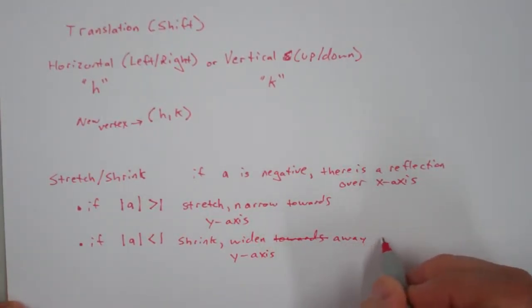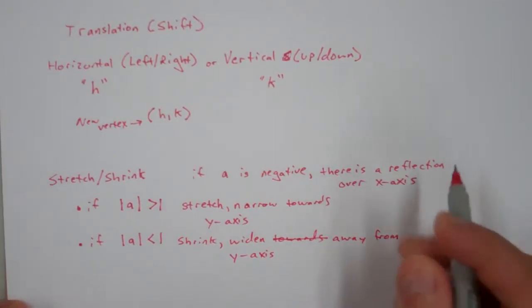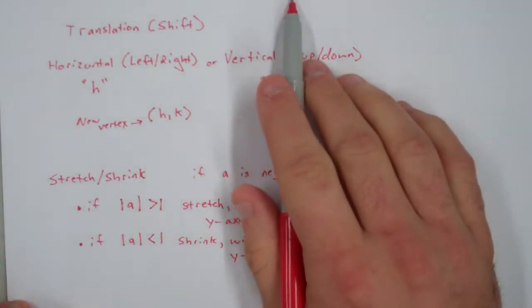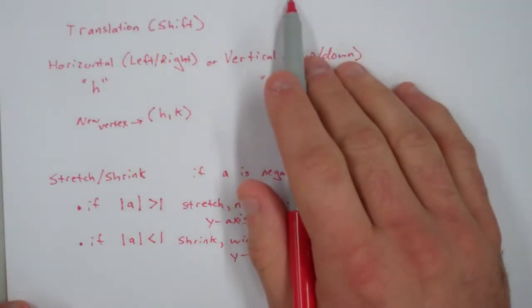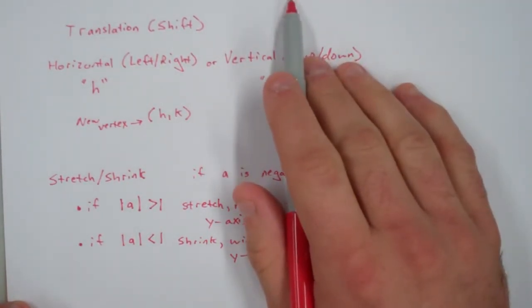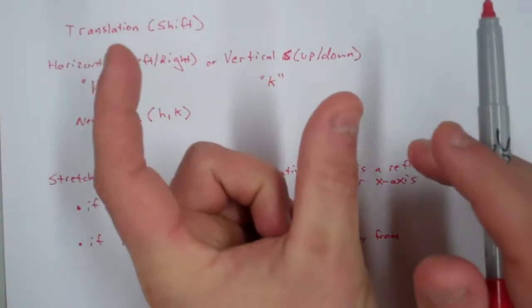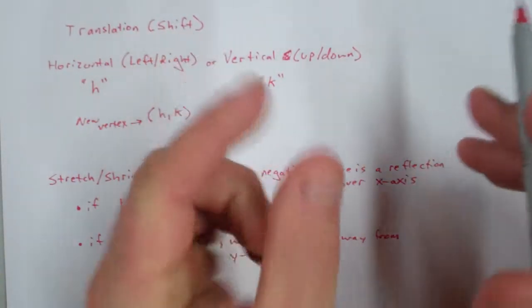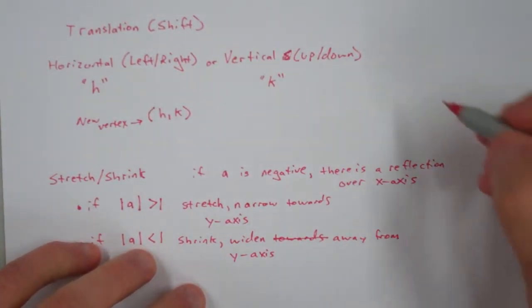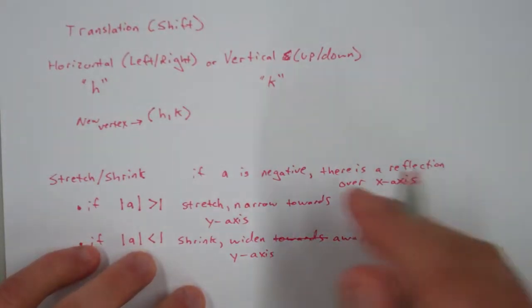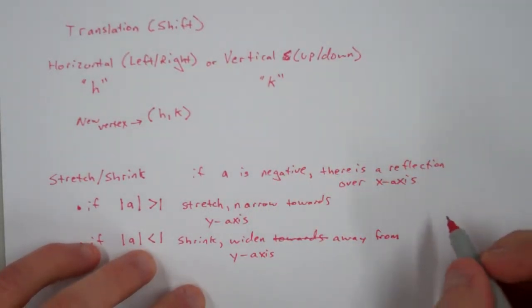So when a is a little bit bigger, like 2, the absolute value is greater than 1 here, the effect of this is going to be, a normal quadratic would look kind of like this. The effect is going to be to narrow it a little bit. So you might have a parabola that would be, well, I don't know, right one, up one, the regular one.